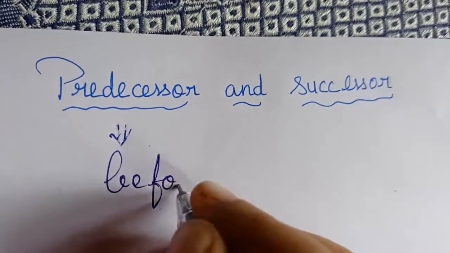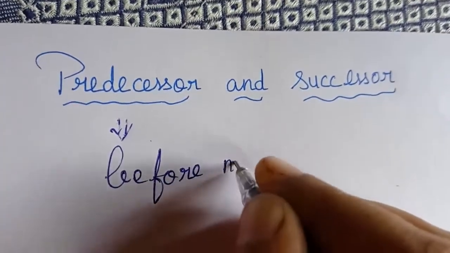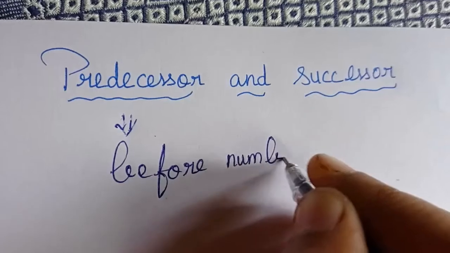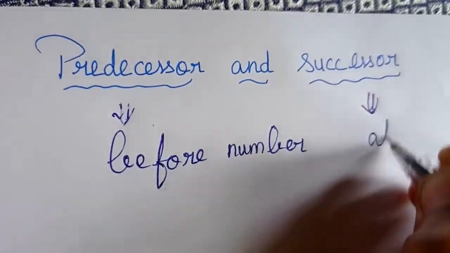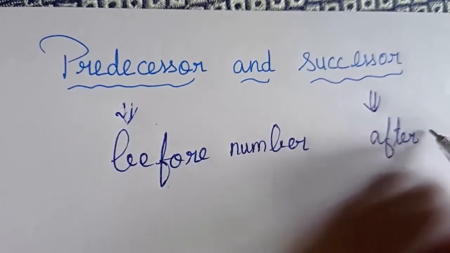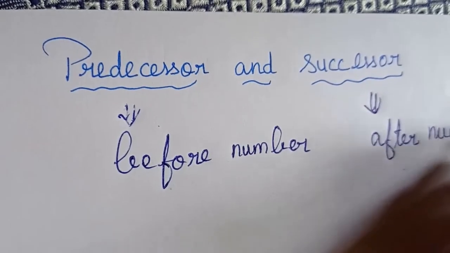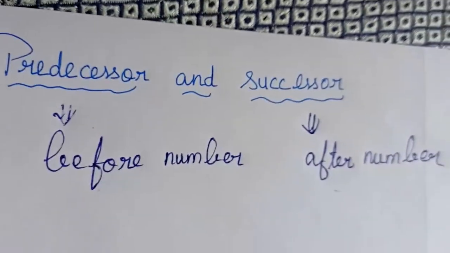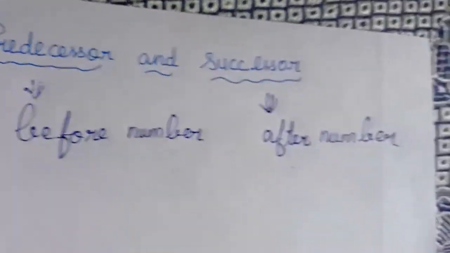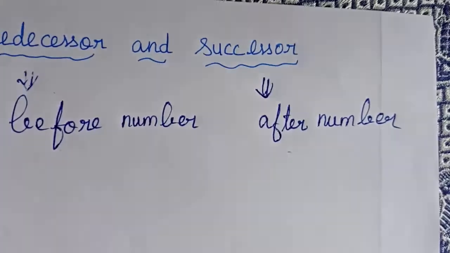Predecessor means before number, and successor means after number. So children, predecessor means before number and successor means after number.